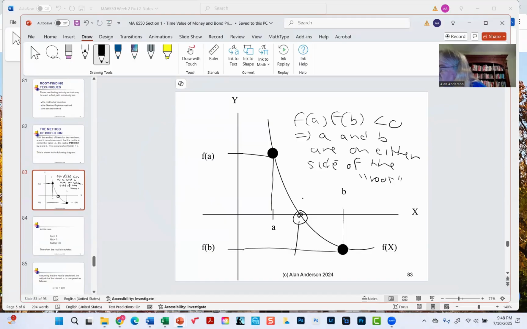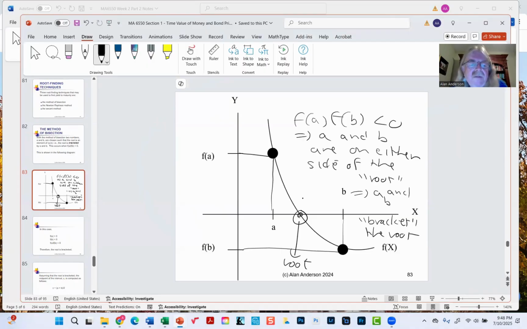Right here, that's the root. That's what we're looking for. Sometimes we say that A and B bracket the root. All right, without that, none of this will work. So we have to make sure that part is in place first.